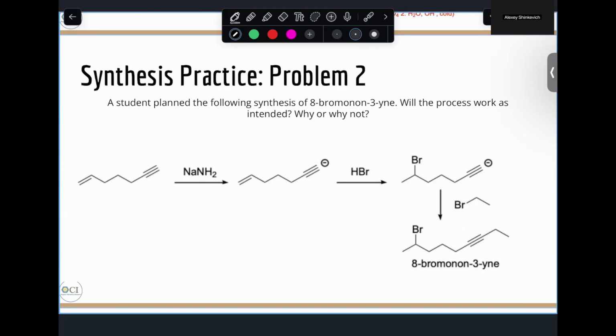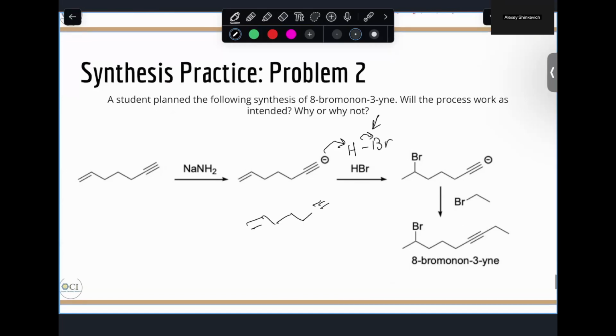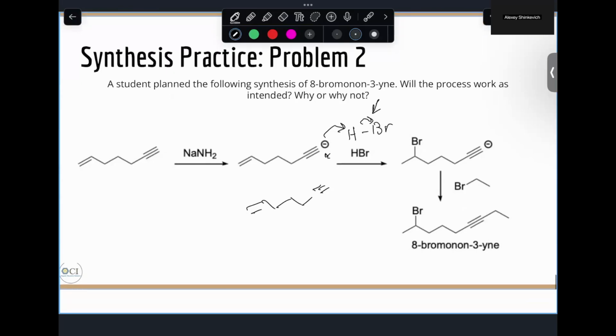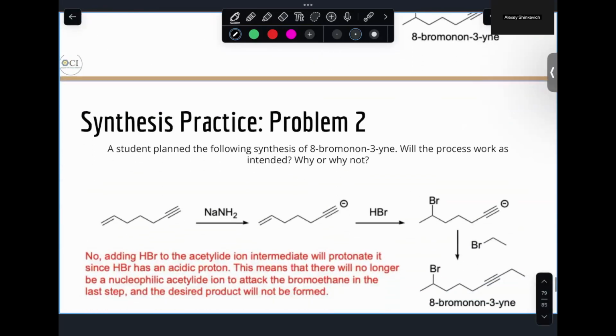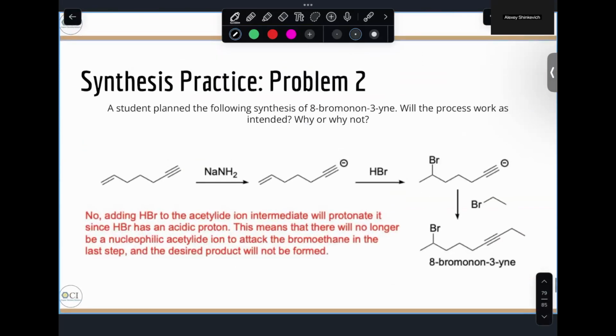Yes. This is a very strong acid, HBr. So this is just going to pick up that and form that. So they won't do the reaction. Make sense? It's a very good nucleophile. So it's really willing to pick stuff up, especially from a very acidic molecule. This explanation, kind of wordy.